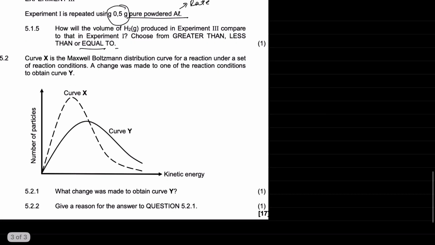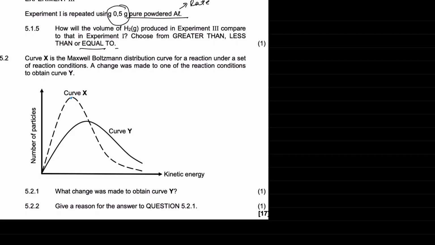Question 5.2, curve X is the Maxwell-Boltzmann distribution curve for a reaction under a set of reaction conditions. A change was made. All right, so X was the original and then Y is the change. What change was made to obtain curve Y? Okay, so it's pretty easy to identify here because, remember, if you look at, let's interpret this.